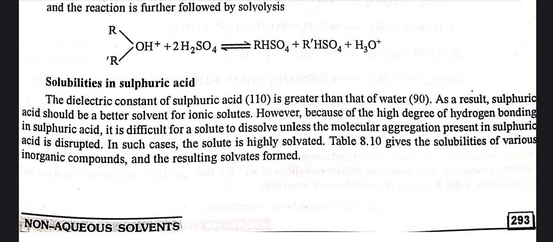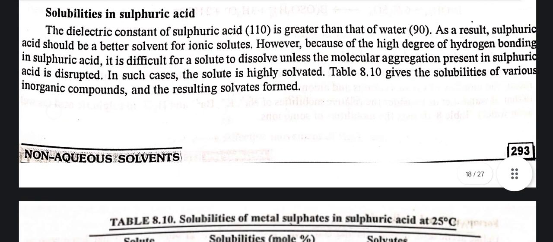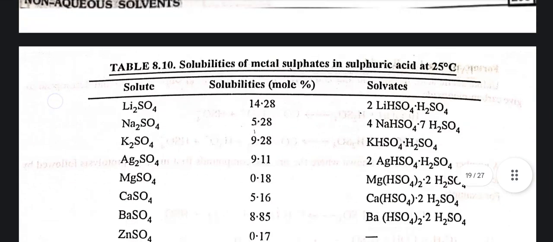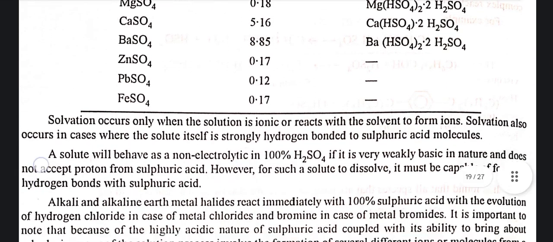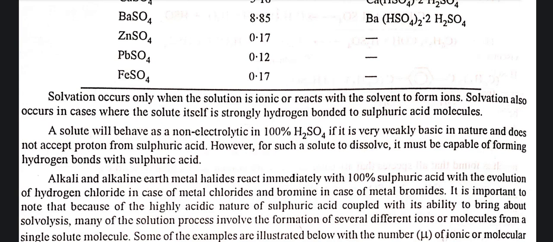In such cases, the solute is highly solvated. Solvation occurs only when the solute is ionic or reacts with the solvent to form ions. Solvation also occurs in cases where the solute itself is strongly hydrogen bonded to sulfuric acid molecules.